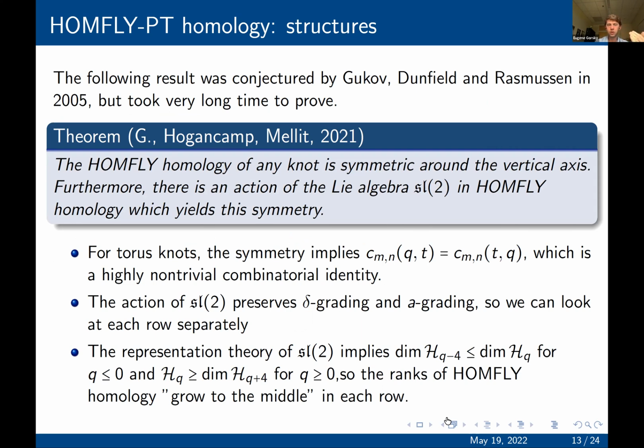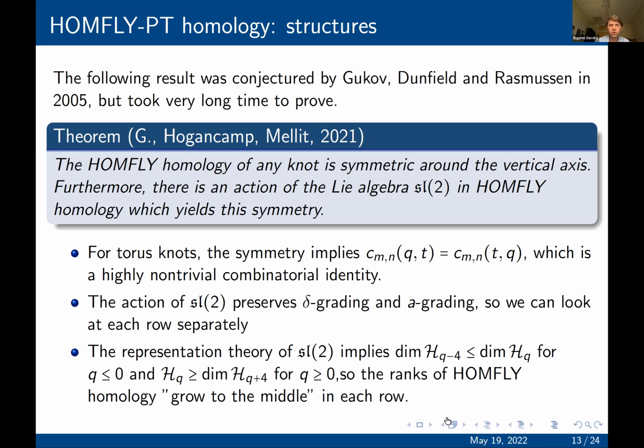It's not symmetric around the horizontal axis: if you mirror the knot, you flip it in the horizontal axis, but it's always symmetric around the vertical axis. This reflects the symmetry of the HOMFLY polynomial when you fix A but change Q to Q inverse, which is known. And only last year, in joint work with Matt and Anton, we proved that for any knot, this is actually true.